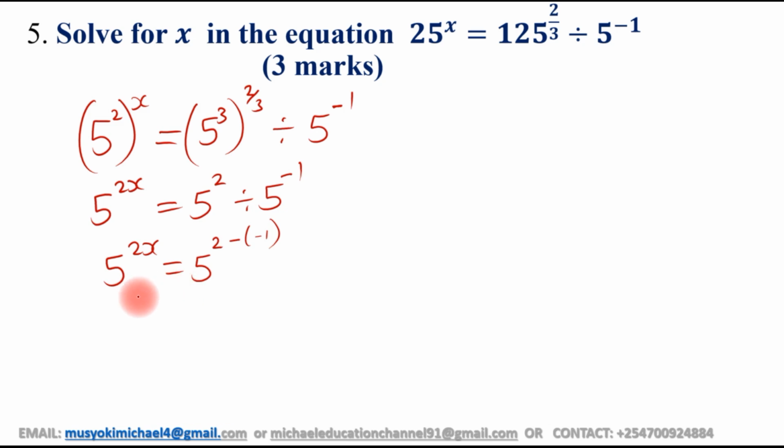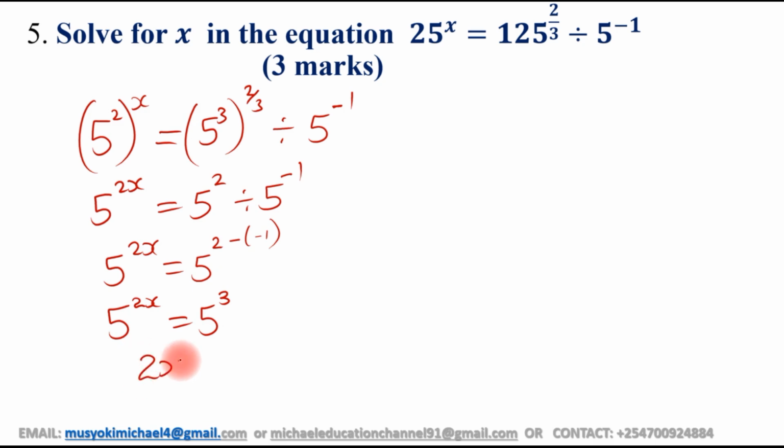We shall equate the exponents. But before that, let us rewrite this as 5 raised to power 2x is equal to 5 raised to 2 plus 1, that is raised to power 3. We equate the exponents since the bases are the same.